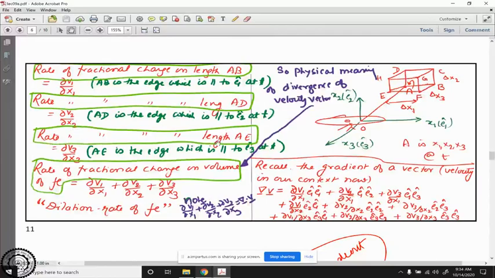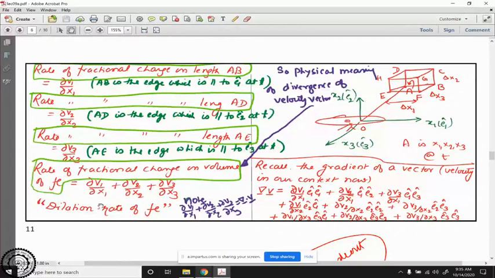Similarly, the rate of change of length AE. AE is the edge which was parallel to E3 at time t. That will turn out to be del V3 del X3. So that's about fractional change in lengths. And the last relevant question for us is the rate of fractional change in volume of the fluid element. That turns out to be what I have here.